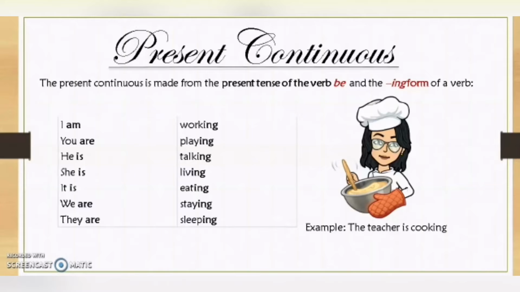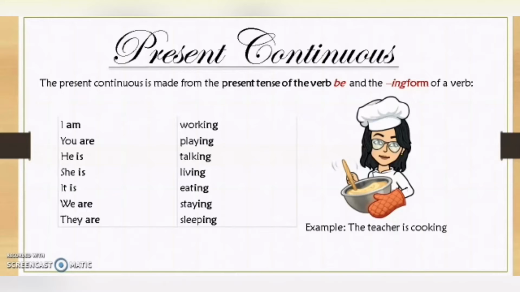In this part, I am the example. If you look at the picture, I am cooking. But the example says the teacher is cooking. You can say too, Maria Virginia is cooking or she is cooking. But I prefer that you say the teacher is cooking, okay?